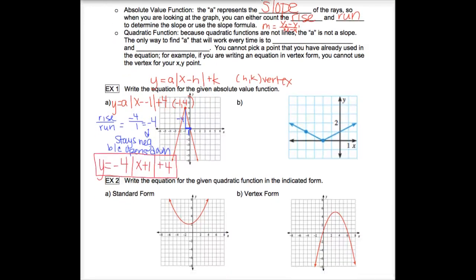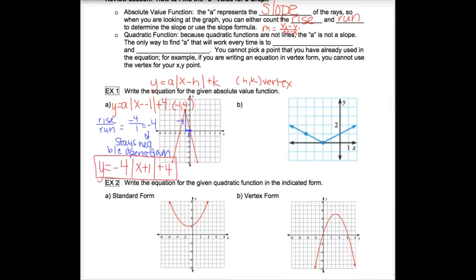All right, so now let's look at quadratic functions, because this one's just a little bit trickier. The quadratic functions, because they're not lines, they're parabolas, A is not a slope. And the quadratic function, we had many different forms. We had ax squared plus bx plus c, which is standard form.